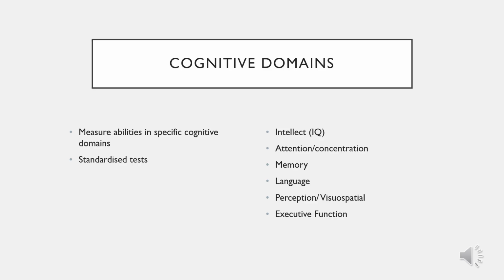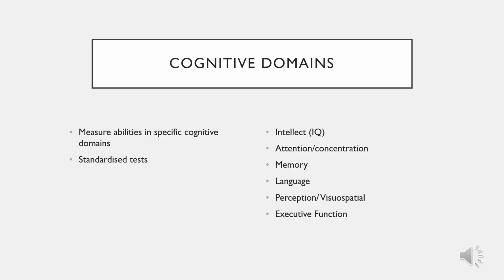Within each of those domains, there are a number of subdomains where tests look at specific areas of function. For example, a memory test might look at recognition memory, the ability to recognize things that have been previously seen. Or it may look at the ability to learn new information and hold it and retain it over different periods of time, or following a period of distraction.